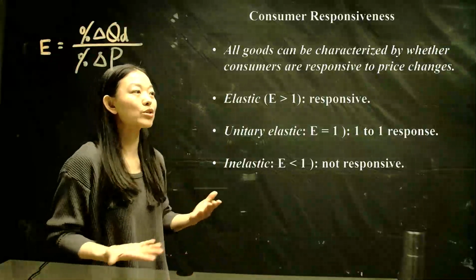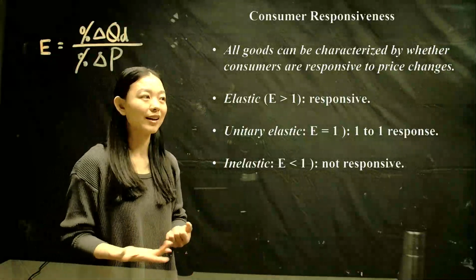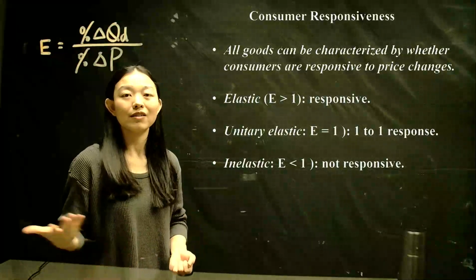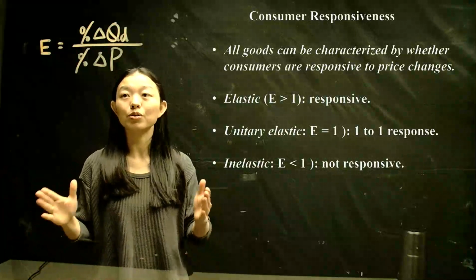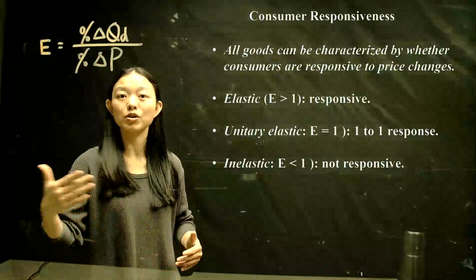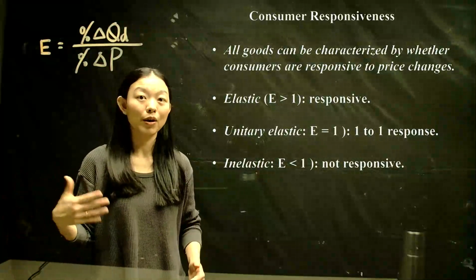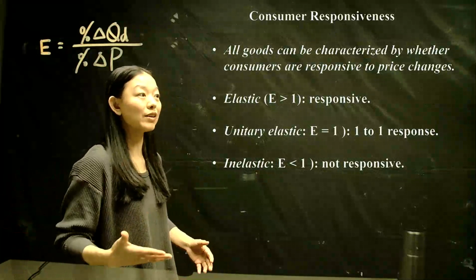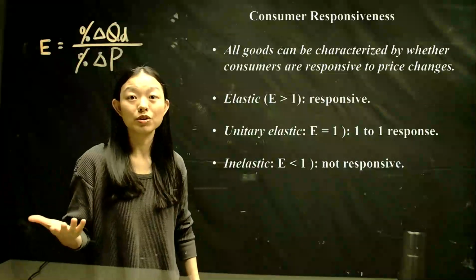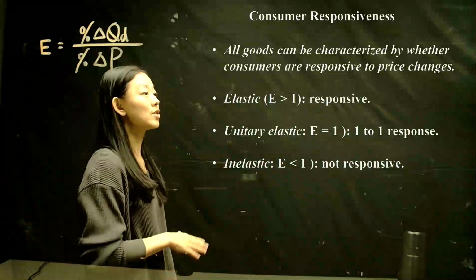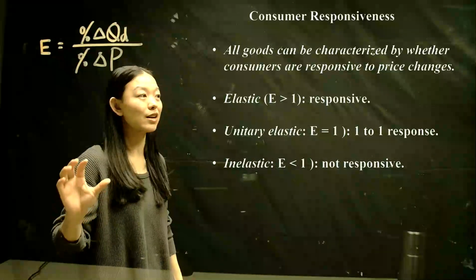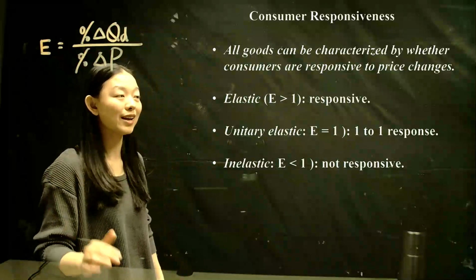We also have this type of product, like gas. Even if the gas price increases in the short term, we still need to go to a gas station and fill our tank. So no matter how the price changes, consumers still need to buy those products. So their price elasticity is very inelastic.